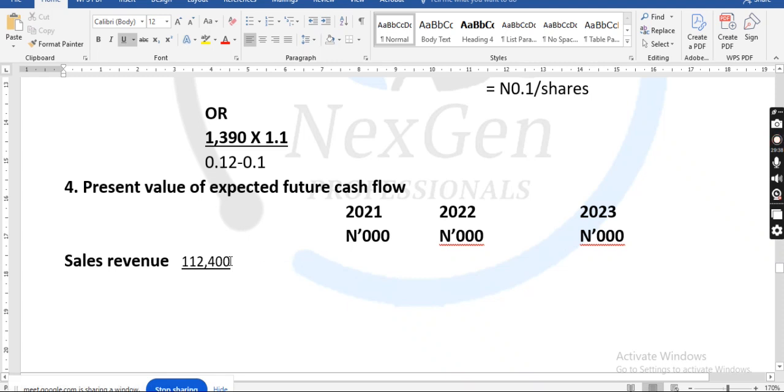What do you have? That is times what? Times 1.25. What do you have? Times 140,500. So increase these two by 1.25.